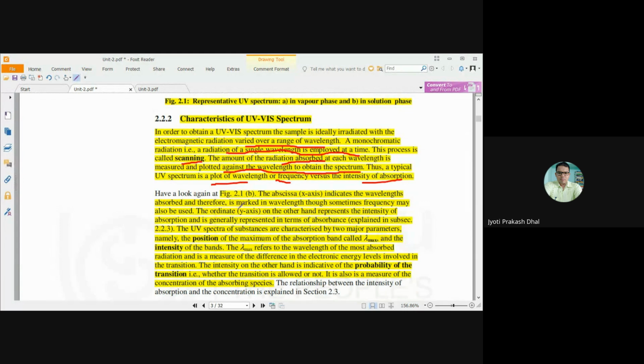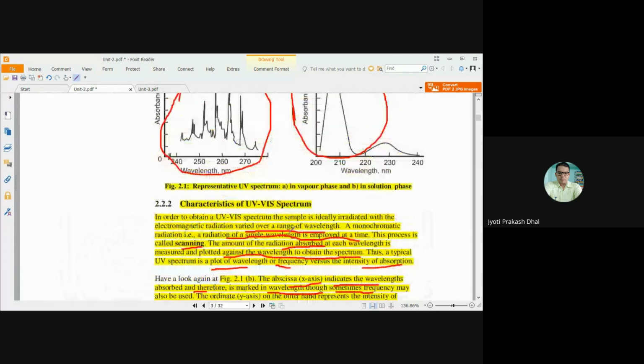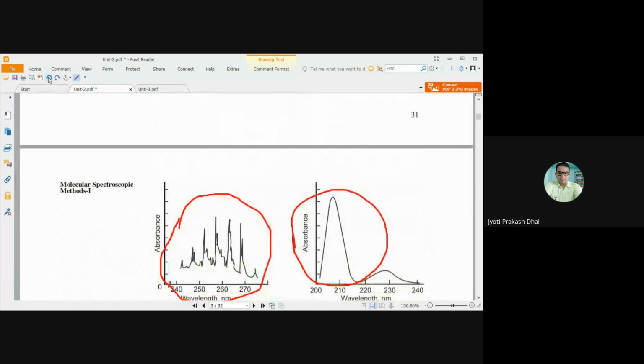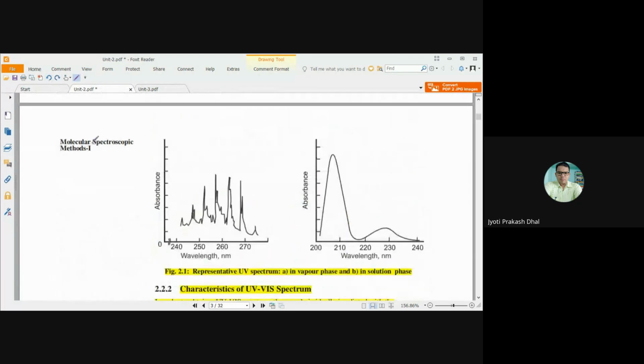So in figure 2.1b, the abscissa, the x-axis, indicates the wavelength absorbed, therefore that is marked in wavelength, though sometimes the frequency may be used. So in this figure you can see for the x-axis, the wavelength ranges from 0 to 800 nanometer. According to the nature of the sample, here you can see the sample absorbed initially at some 243 nanometer.